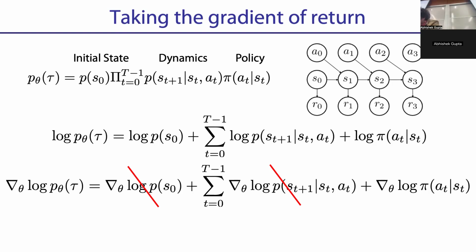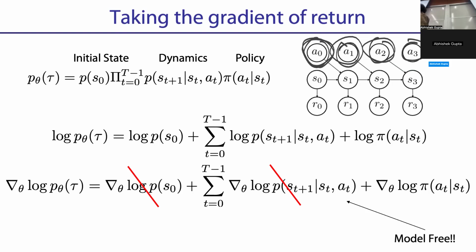And so you can show that grad log p theta tau is just the sum of grad log probabilities along a trajectory. The way to intuitively think about this is that the parameters theta are what you control. You can't control the world, you can only control your actions. It's a little philosophical, but in this MDP, you only have control over how you choose these actions.